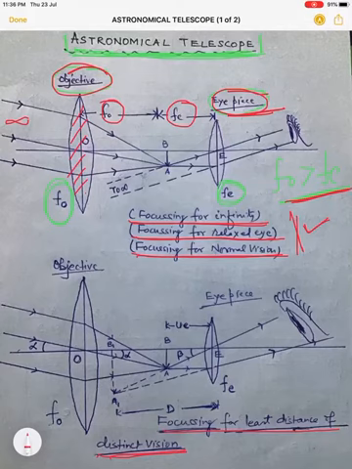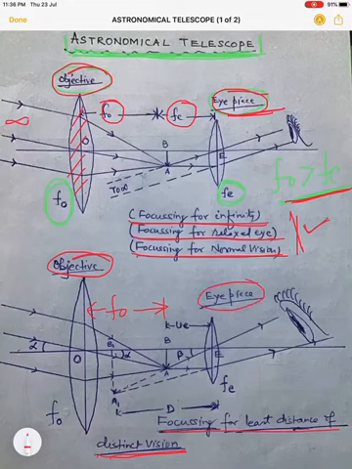Now the second type of adjustment is the same up to the formation of AB. The rays coming from infinity and the objective make the image AB at the focal plane of the objective lens. Then this works as the object for the eyepiece. Now the eyepiece is adjusted such that AB falls within the optical center and focus of this eyepiece, and ue is less than fe.